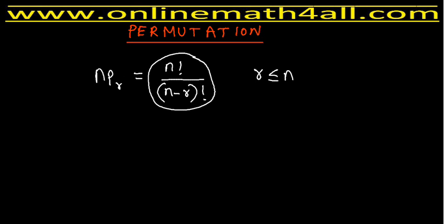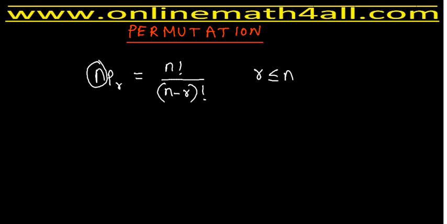I said it was difficult to do that kind of calculation manually. So when we have that kind of problem, we have to use the formula. This formula says the number of things given is n, and out of n things, we are going to select r things.